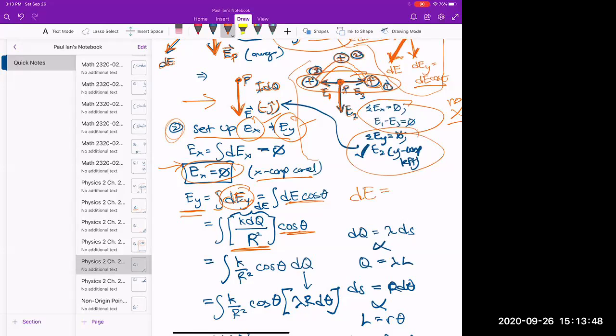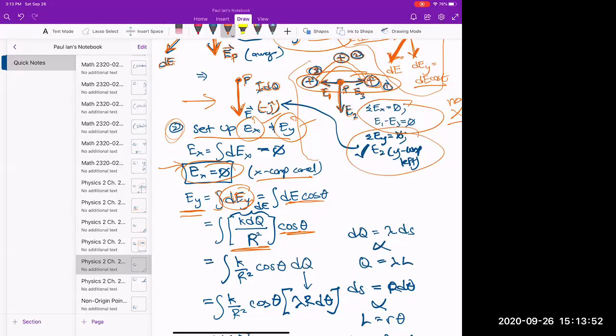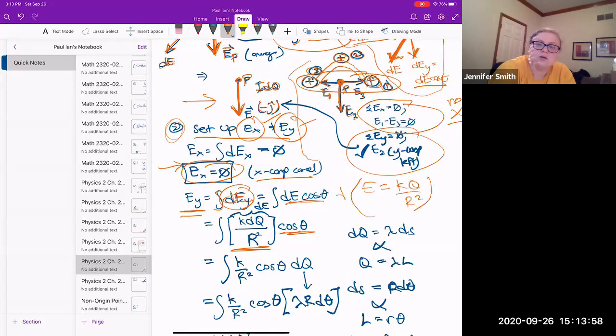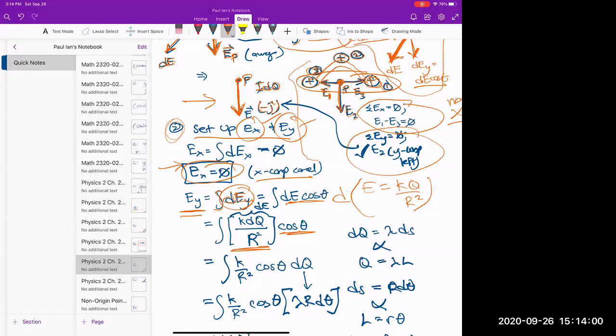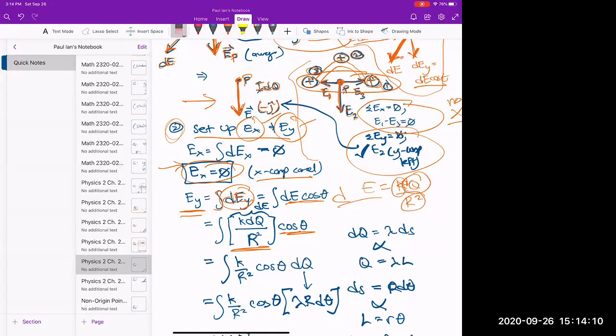We know dE, just like we know E. We know E equals k q over r squared or something like that. And if you take the differential, it will be dE and then dq, because k and r are constants.